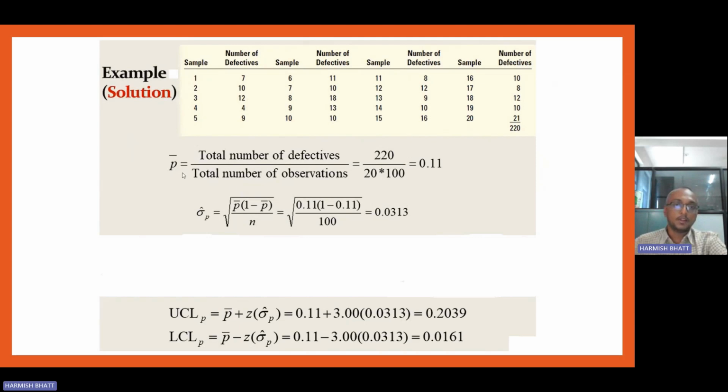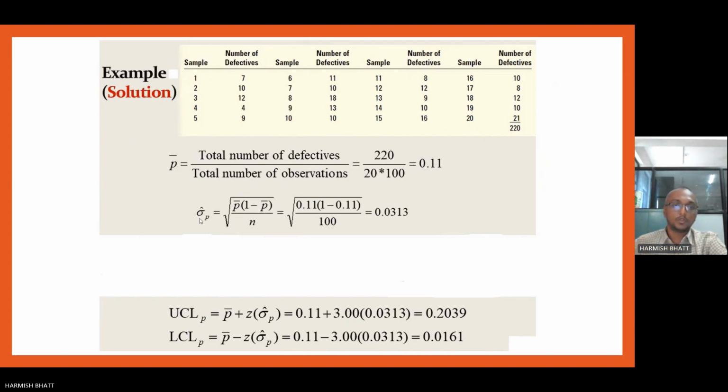The total number of observations means k into n: small k is the number of samples, and each sample carries 100 items, that is small n. So it is 20 into 100, while the number of defectives is 220. Simplifying this calculation, it is equal to 0.11.